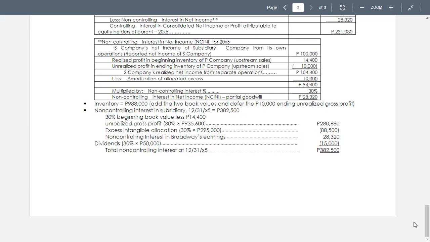Consolidated net income. Number 6 is controlling interest in consolidated net income.